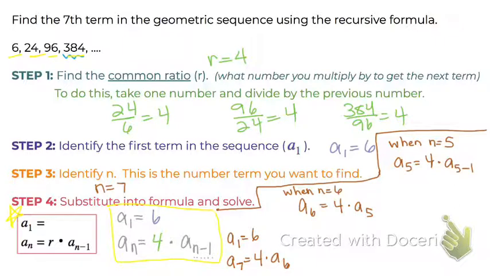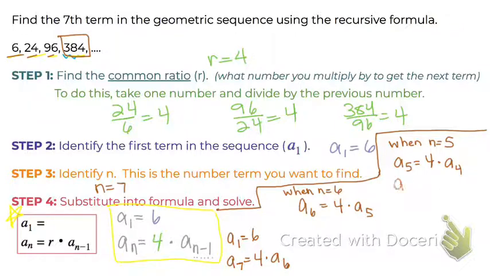And again, 5 minus 1 is the same as 4. So this is telling us to find the fifth term, we take 4 and we multiply it by the fourth term. And we know what the fourth term is. It's this right here, 1, 2, 3, 4. It's 384.